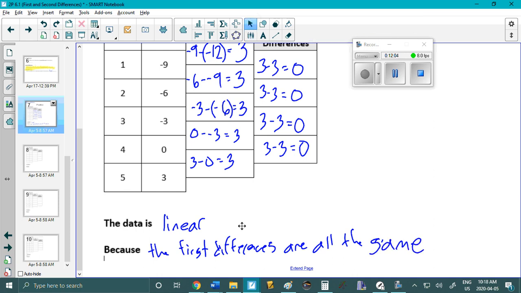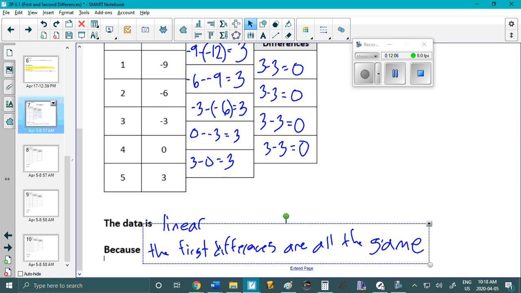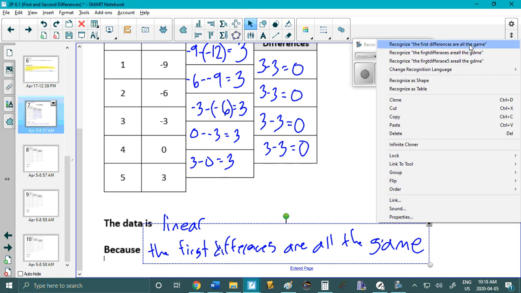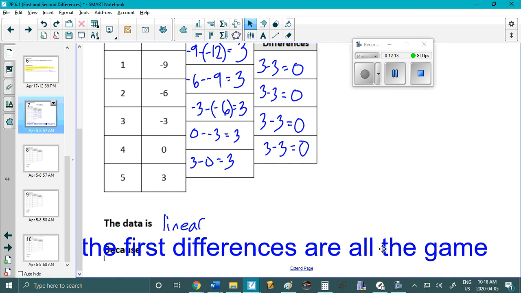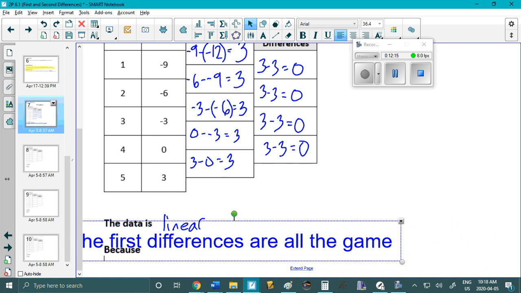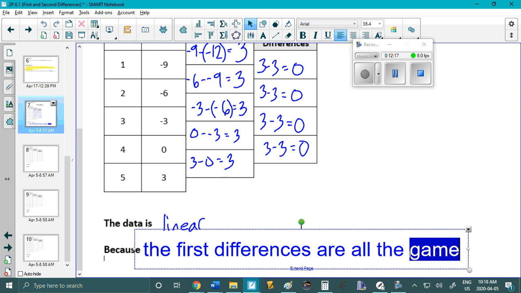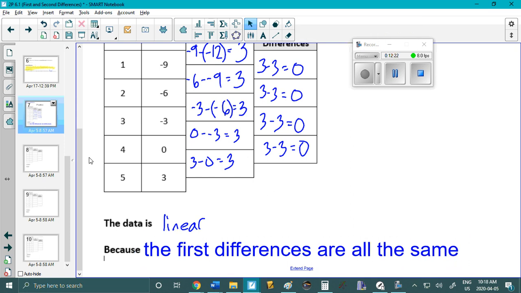Let's see if it recognizes that handwriting. The first differences are all the same. All right, so let me go here. Same. Cool.